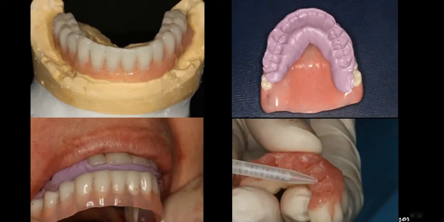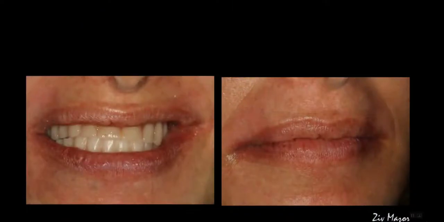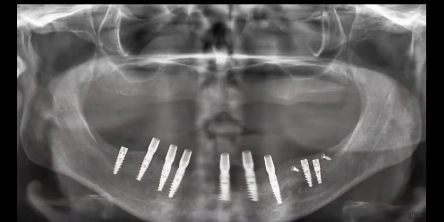But close to the teeth, I would rather use either autogenous or allogeneic. So here is a prefabricated temporary bridge which is relined immediately on top of the implants, and you can see here the appearance of the lower jaw right after my first surgical treatment.